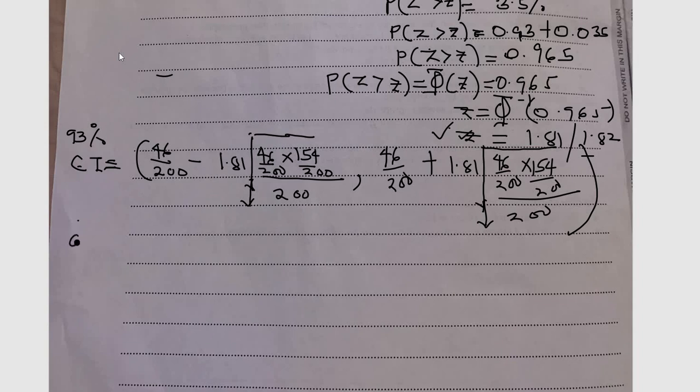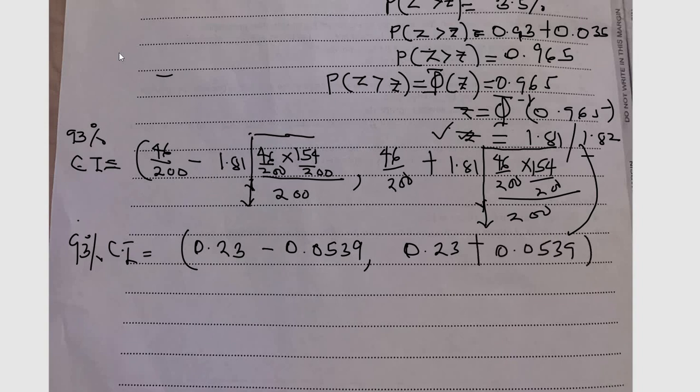So 93% confidence interval will be 46 over 200, which is 0.23, minus, when you evaluate using your calculator, 0.0539, comma 0.23 plus 0.0539. So at the end of the day, 93% confidence interval is 0.1761 and 0.2839. That's the question.